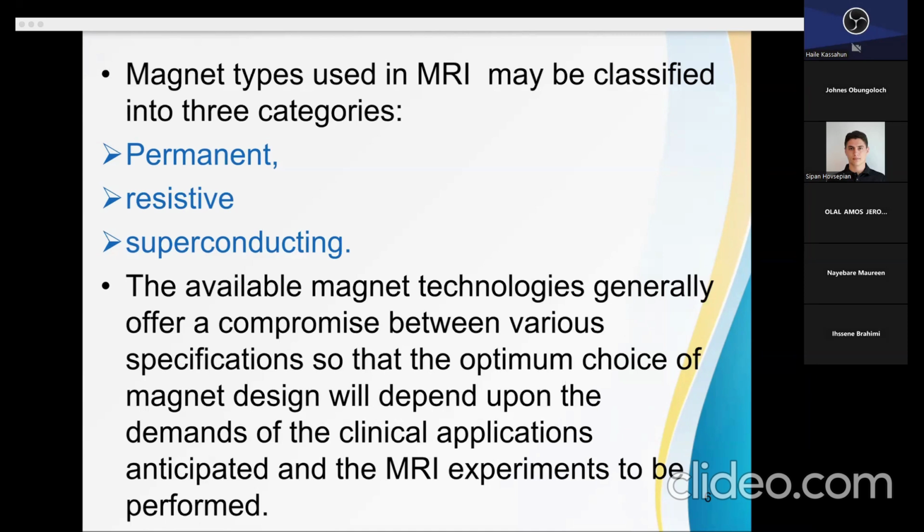You can decide accordingly what is feasible for you. Do you have permanent magnets? Do you have resistive magnets that you can drive at high currents without them melting? Or do you have access to superconducting magnets? The technologies vary between various specifications, so the optimum choice of magnet will depend on the demands of the clinical applications or what you anticipate doing with the system.